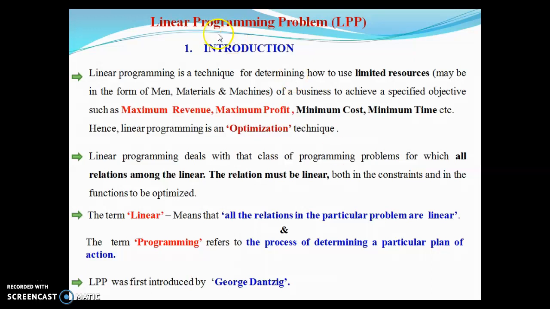And second, programming means the decisions are made systematically by accepting various alternative courses of action, or in short we can say the term programming refers to the process of determining a particular plan of action.